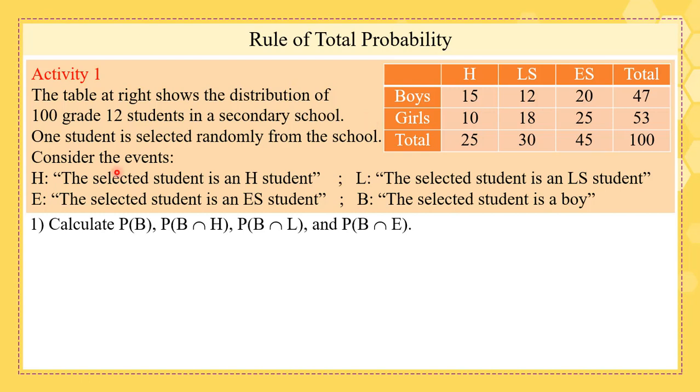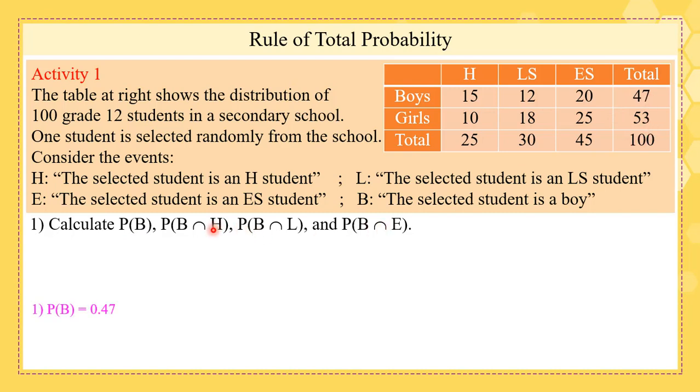The question is to calculate P of B intersection H, P of B intersection L, and P of B intersection E. Well, for P of B, we need the probability of selecting a boy. Boys are 47, and they are 47 out of 100.